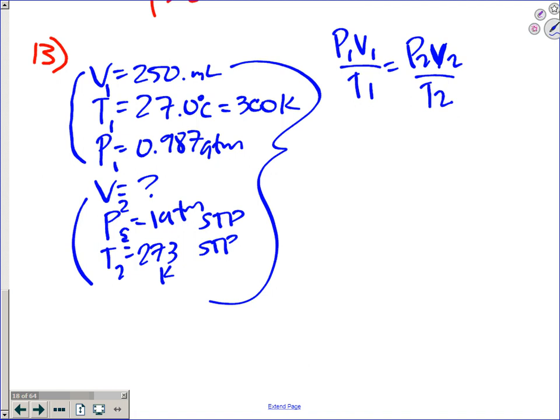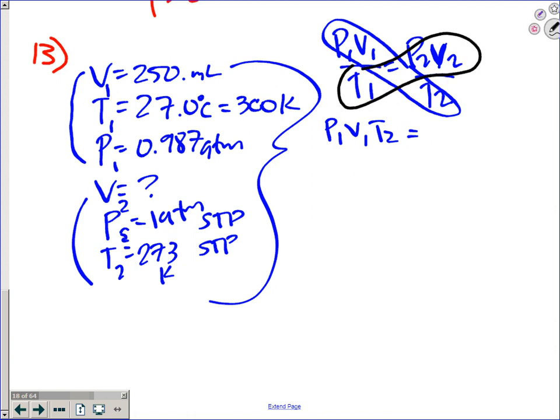I'm going to cross multiply and divide for you just to show you that once again. I'm trying to isolate that. So I'm going to cross multiply these together. So P1 V1 T2 is equal to the other cross multiply, so the other side, P2 V2 T1. And then what do I do to get V2 by itself? Divide by what? P2 and T1.